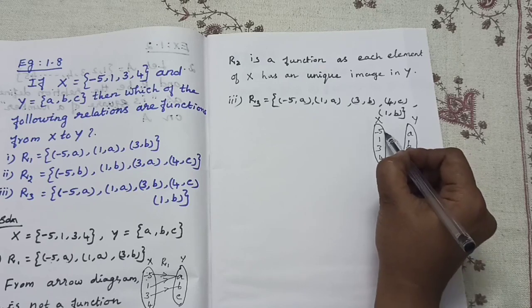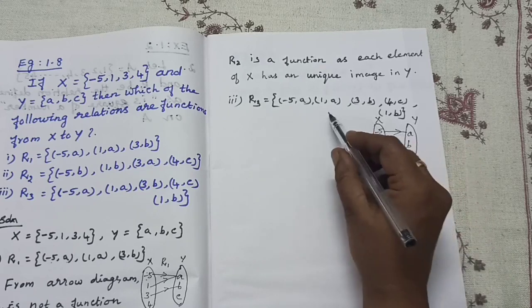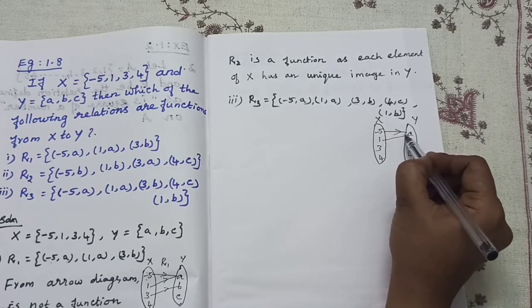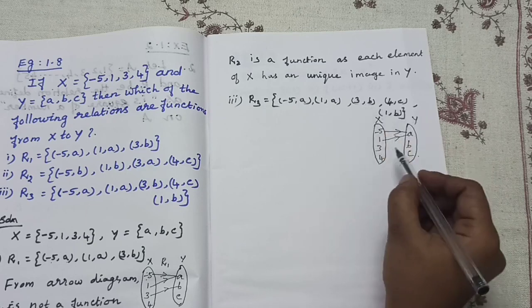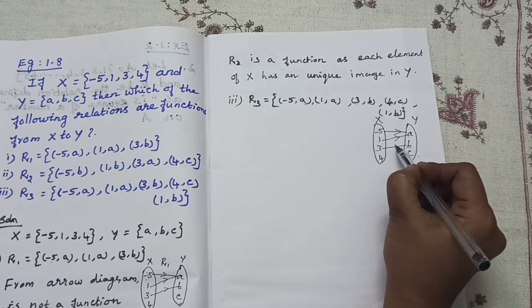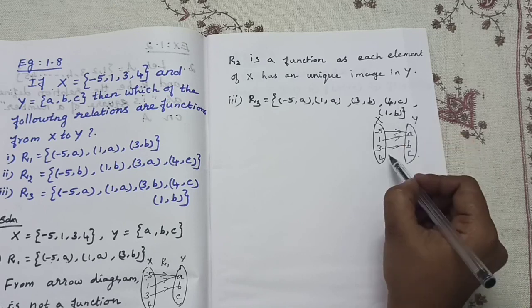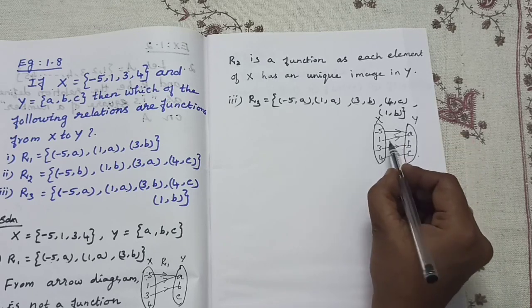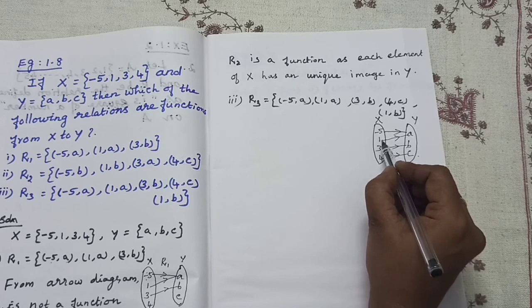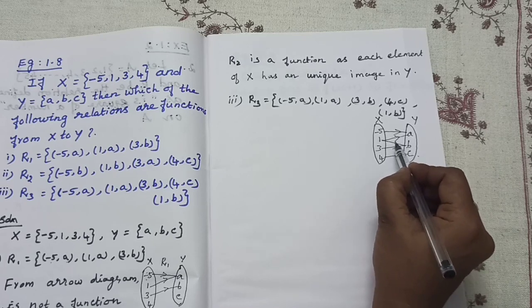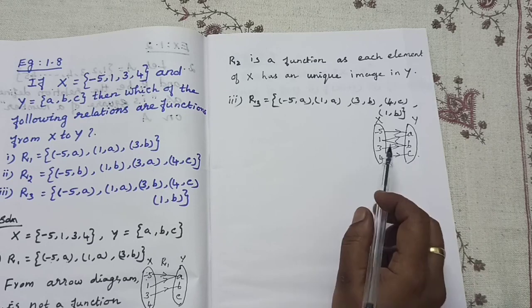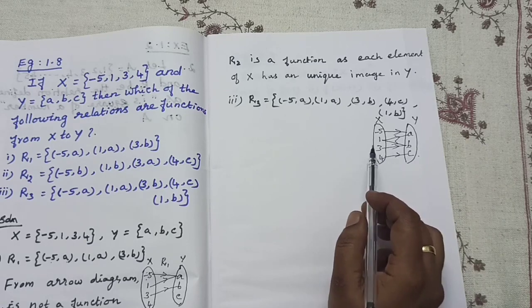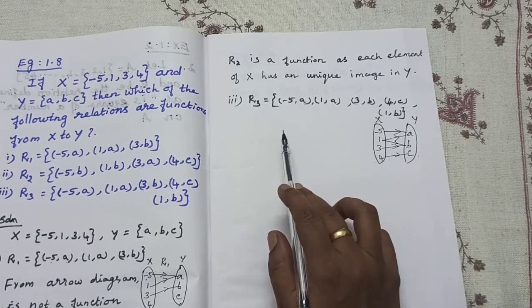Minus 5 and A. 1 and A. 3 and B, isn't it? 4 and C. Again 1 and B, isn't it? Now you check, is R3 a function?